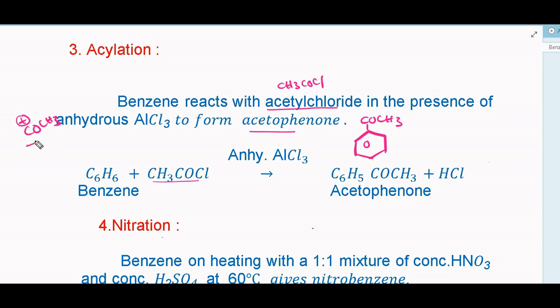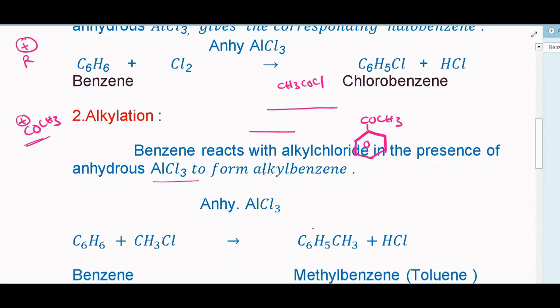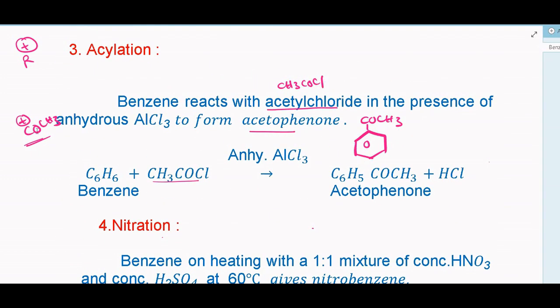COCH3 is the electrophile. What is the electrophile in the alkylation reaction? R plus is the electrophile. In acylation reaction, the electrophile is CO plus CH3. In the acylation reaction, the product is acetophenone.